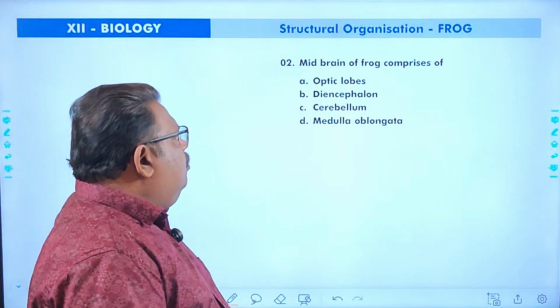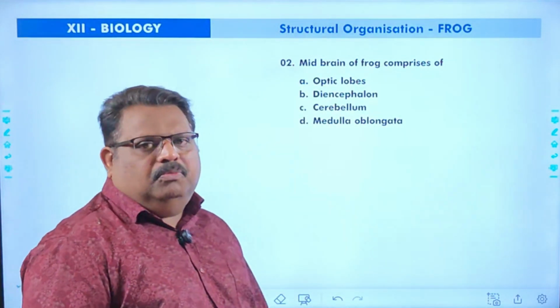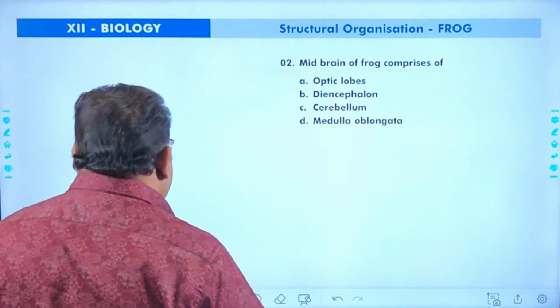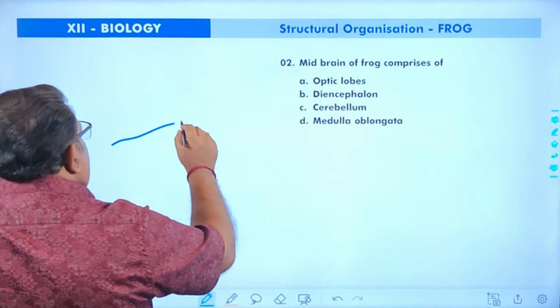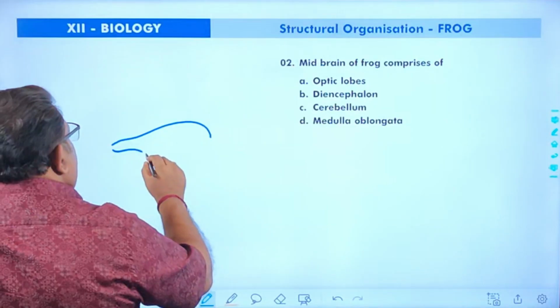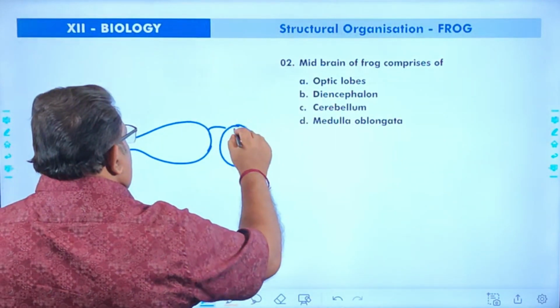Okay. The next question is regarding the brain of frog. The midbrain of frog comprises optic lobes, diencephalon, cerebellum, or medulla oblongata. So in the case of the brain of frog, you can see that this is the side view of frog's brain.